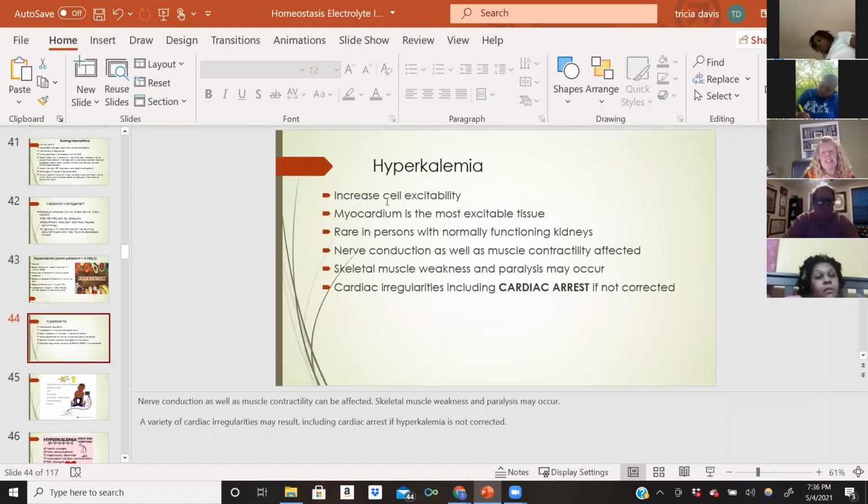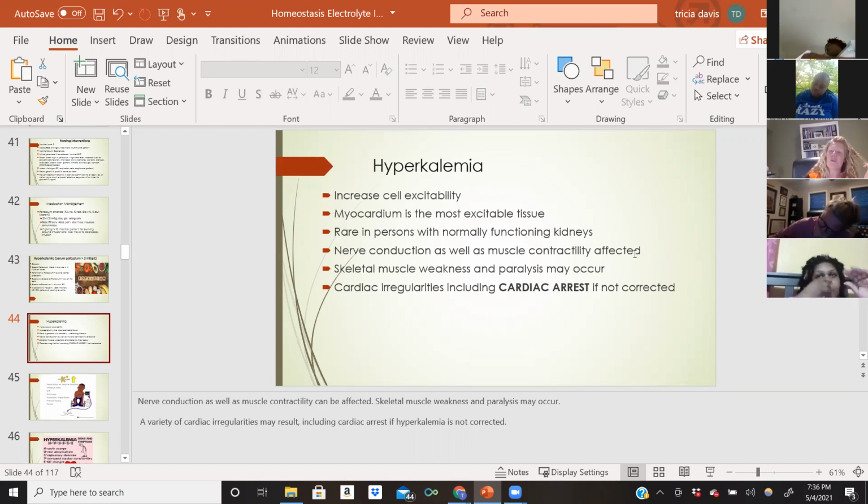So hyperkalemia is an increase in our cell excitability, right? Because hypokalemia was a decrease in cell excitability. So hyper, too much, our cells are going to be hyper. The myocardium, which is our heart, is the most excitable tissue. That's why we're watching for those arrhythmias. Very rare in people with normal functioning kidneys.